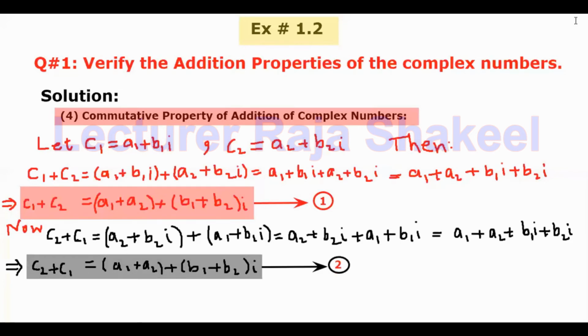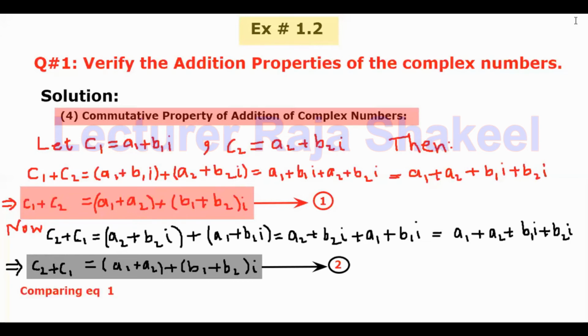If we compare these two equations, equation 1 results in A1 plus A2 plus B1 plus B2 of iota, while equation 2 says the same thing, A1 plus A2 plus B1 plus B2 of iota. So both have the same result, meaning the sum C1 plus C2 and the sum when the complex numbers are interchanged, C2 plus C1, are similar.